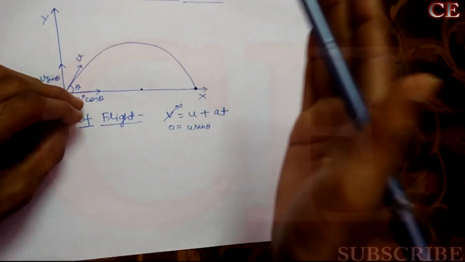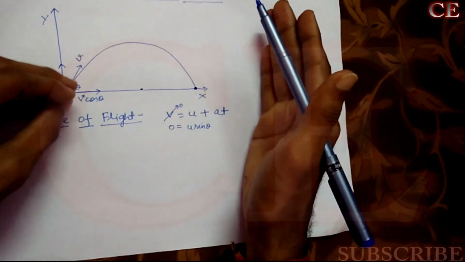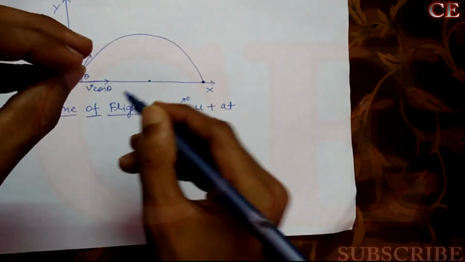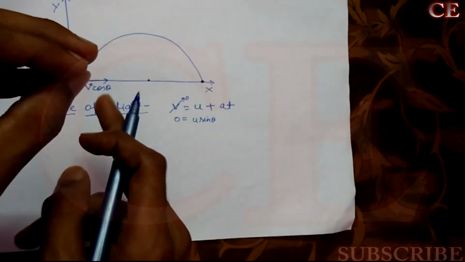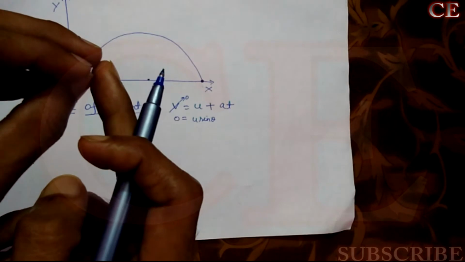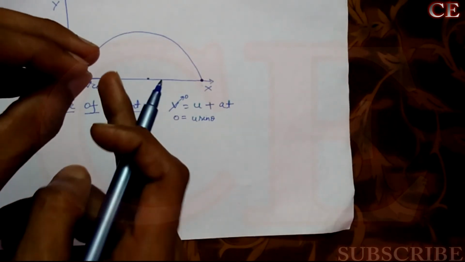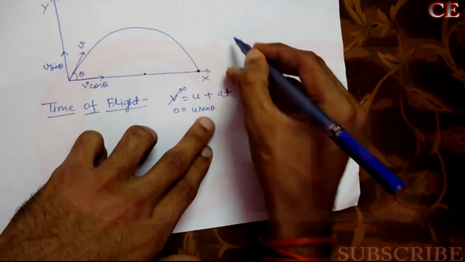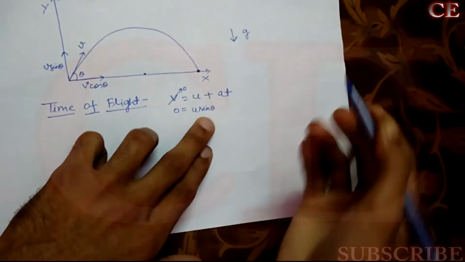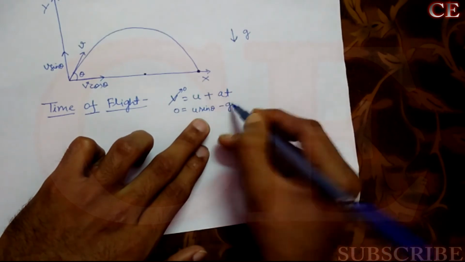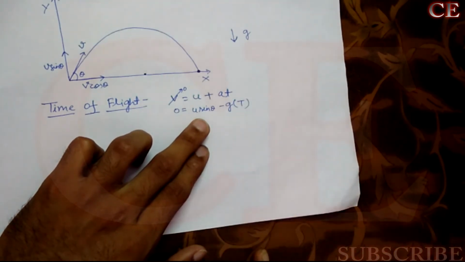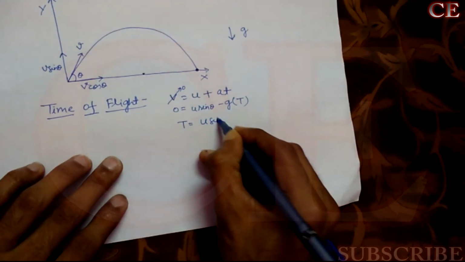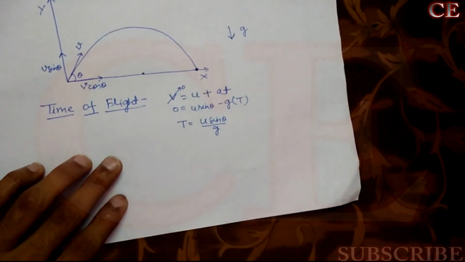The ball is going up with u sin theta resolved on the y-axis, and acceleration due to gravity g will act downward, so with a minus sign, and t here is the time, so we get t is equal to u sin theta by g.